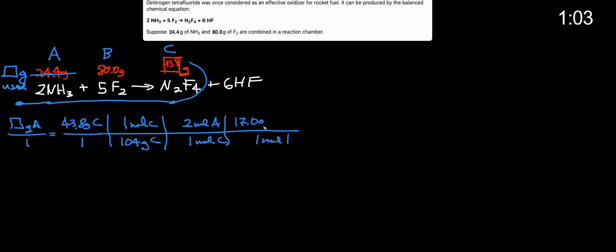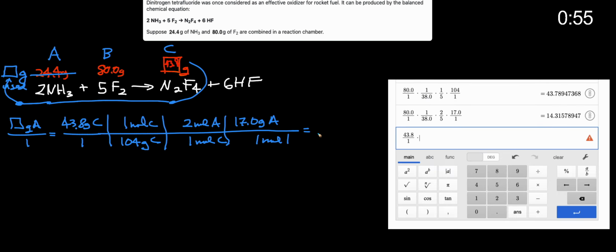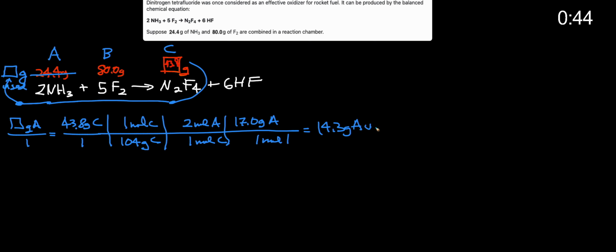And we'll use the molar mass to make that conversion. And once again, punching all of that out on the calculator tells us how many grams of A was actually used. In this case, we come up with 14.3 grams was actually used.